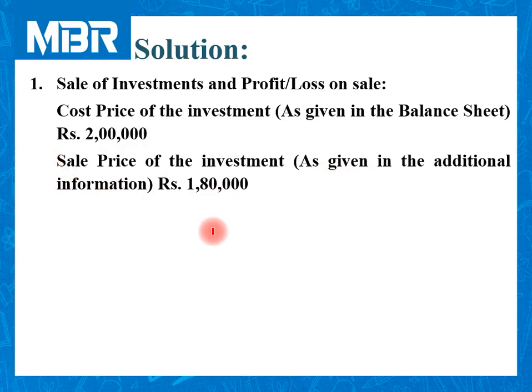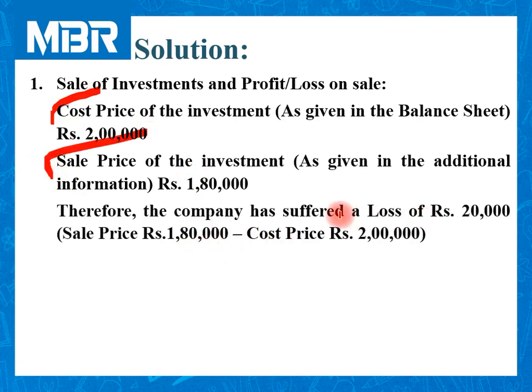It is rupees 1,80,000. So when you compare cost price 2 lakhs and sale price 1,80,000, you will realize an amount of rupees 20,000, and this 20,000 is defined as a loss, as the sale price is less than its cost price.